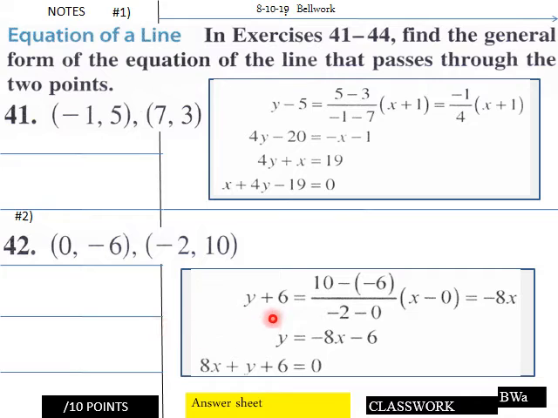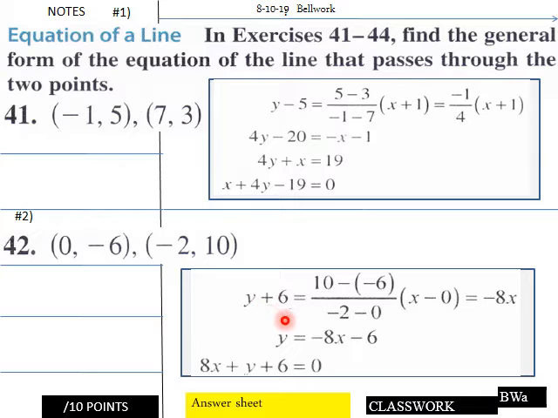And then for 42, again, we have y minus y1 equals m times x minus x1. So here's our x1, y1. So y minus a -6 will be y plus 6 equals m times x minus 0. And in this case, m will be 10 minus a -6 over -2 minus 0. x minus 0, here's our x1 here. 10 minus a -6 will be 16 over -2 will be a -8.